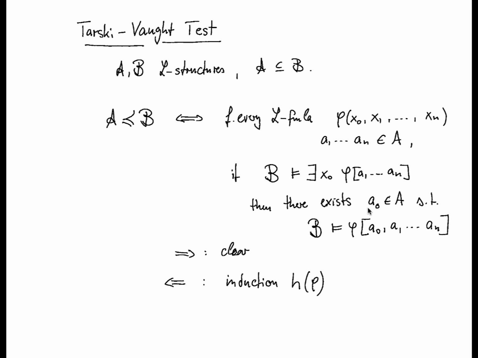And most cases, again, are not difficult. Only the case where we do an induction step going from a formula to an existentially quantified formula is where we need to do some work. And this is precisely the case where the criterion helps us to make that induction step.